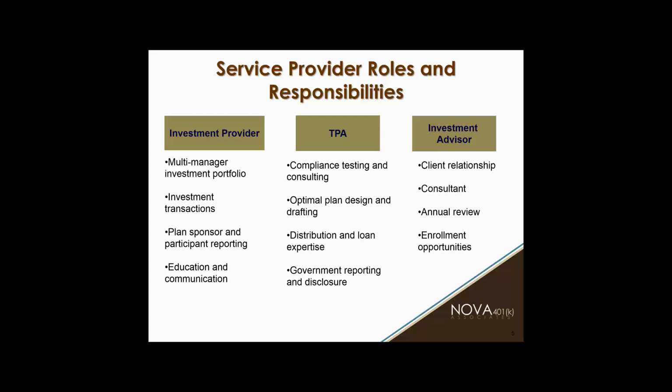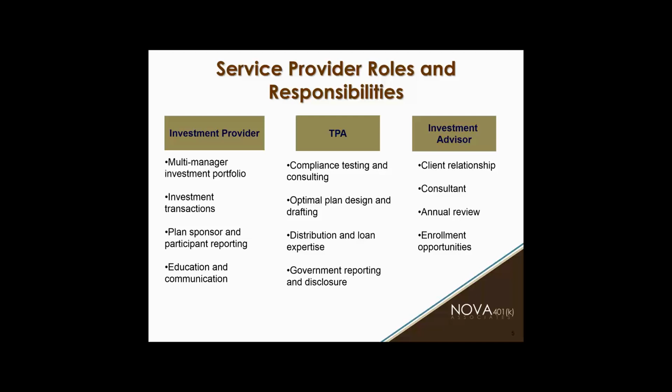But the other 3 service providers include your investment provider. And again, we work with as many as 10 or 15, from John Hancock, Mass Mutual, Empower, a whole variety, Voya. But they're the ones that provide your investment platform. You send in the contributions that you deduct from employee payroll to them.